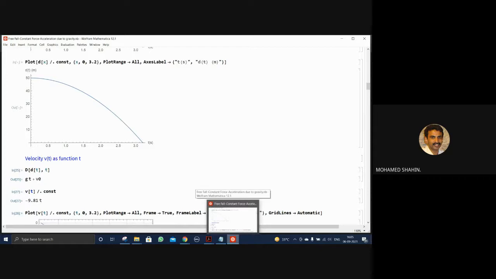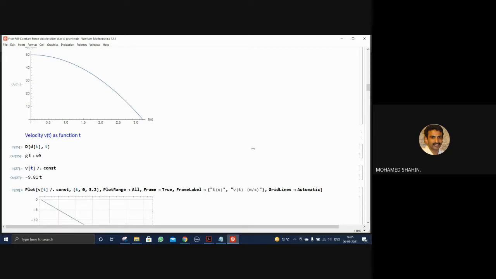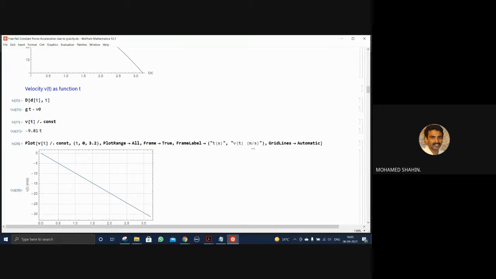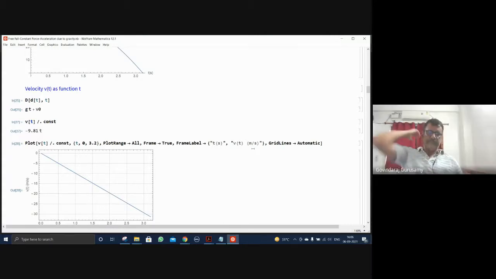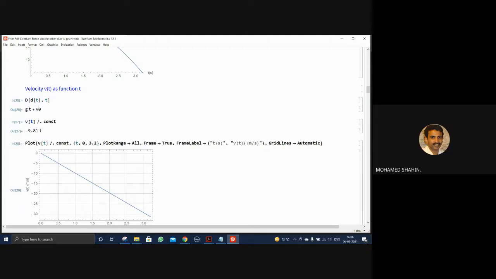They will give it to you for a period of 1 month, then extend it for another month. After that, you can use even Mathematica Cloud. Whatever we are doing can all be done in Mathematica Cloud as well. The full software is with you right now.